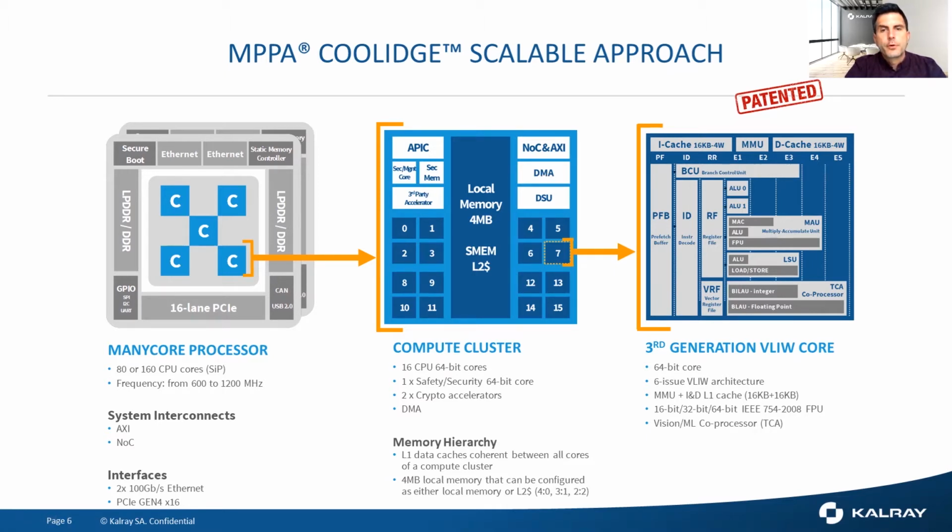In terms of memory hierarchy, the L1 caches of the 16 cores are coherent within the cluster, but not between clusters. And we have 4 megabytes of local memory that can be configured either as local memory or as L2 cache with 3 different configurations.